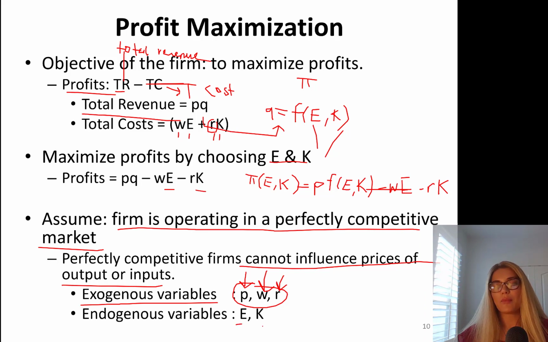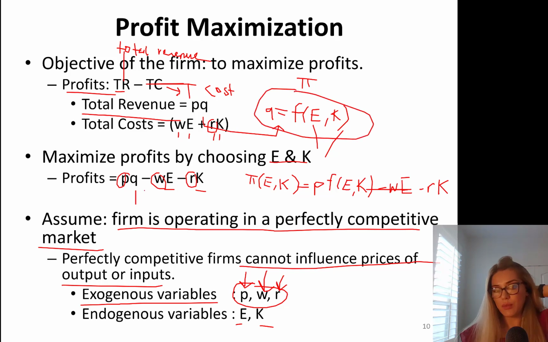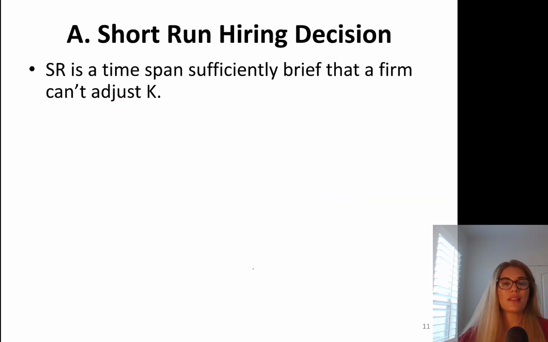You have employment and capital, okay? So these P, W, and R are exogenous, given, you can't change those. Q, which has employment and capital in it, right? You're going to determine Q by choosing employment and capital. So your choices are employment and capital.